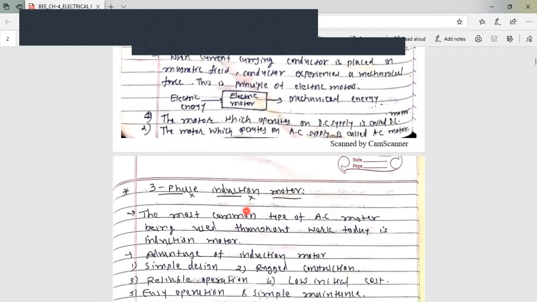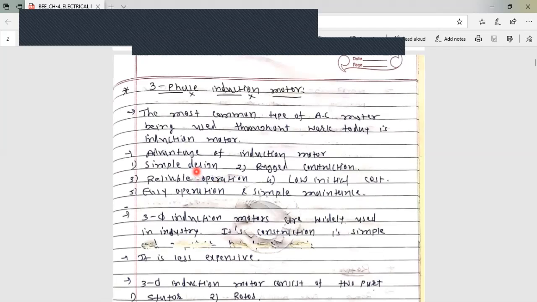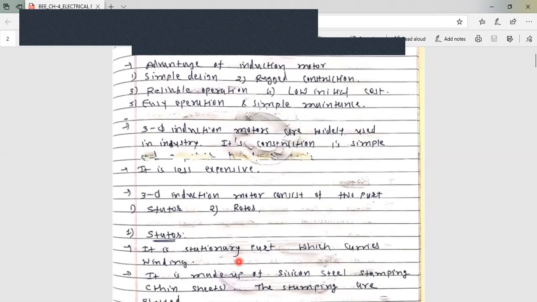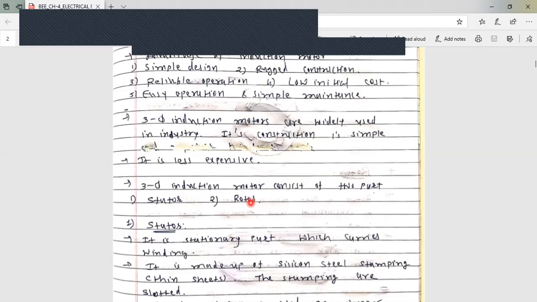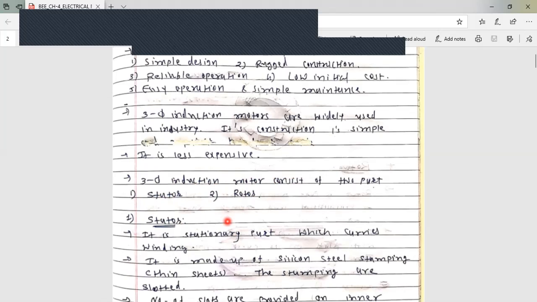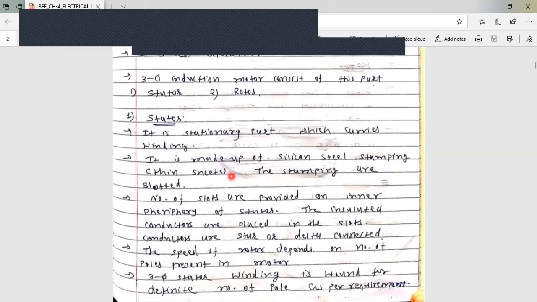The three-phase induction motor has advantages. It has a simple design, rugged construction, reliable operation, low cost, easy operation, and simple and inexpensive maintenance. There are mainly two parts in the construction of a three-phase induction motor: the stator and the rotor. The stator is the stationary part.